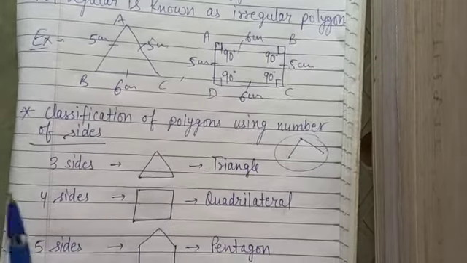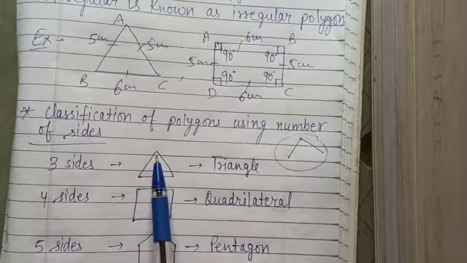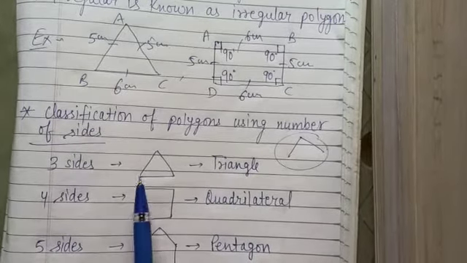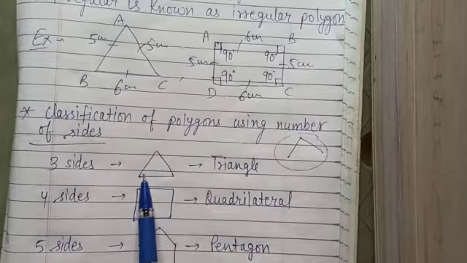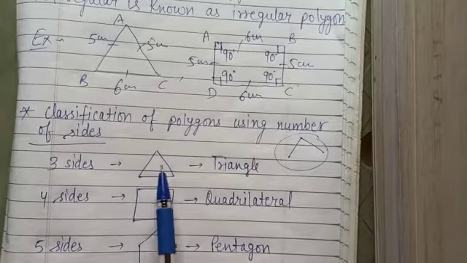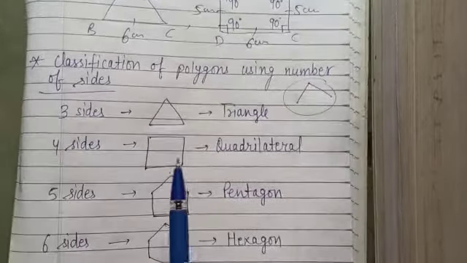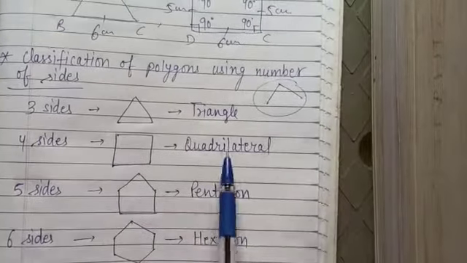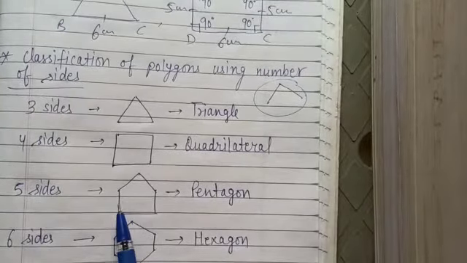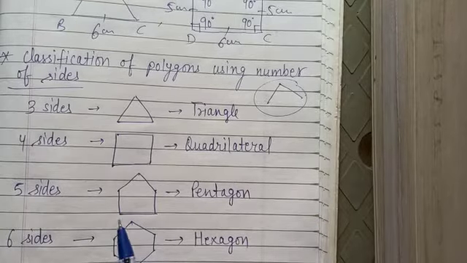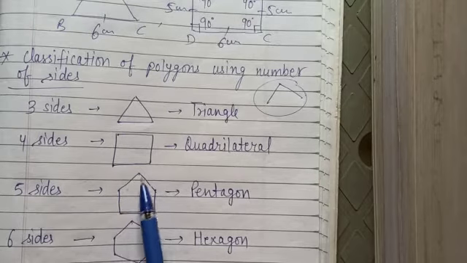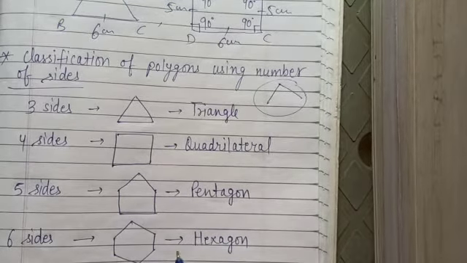So if a polygon has 3 sides, it is known as triangle. If a polygon has 4 sides, it is known as quadrilateral. If a polygon has 5 sides, it is known as pentagon.